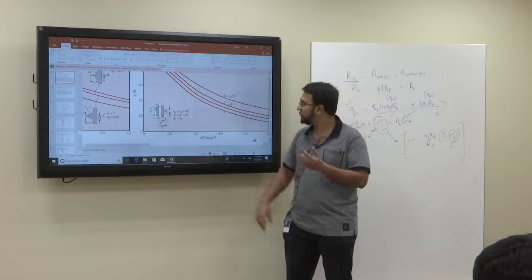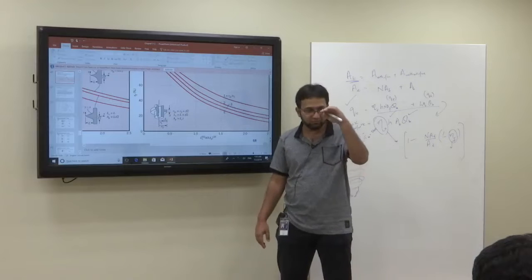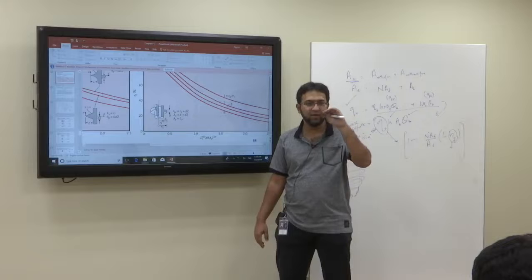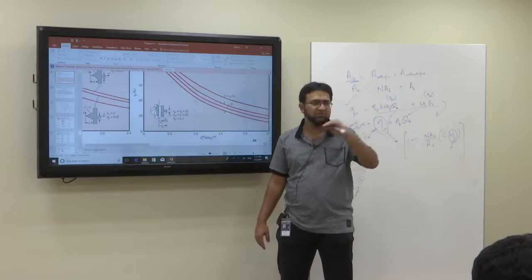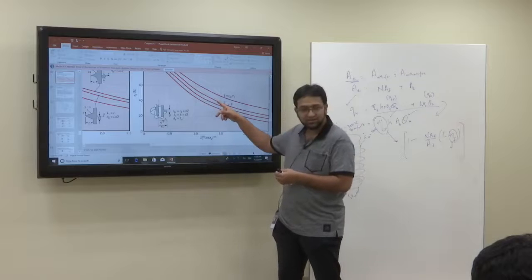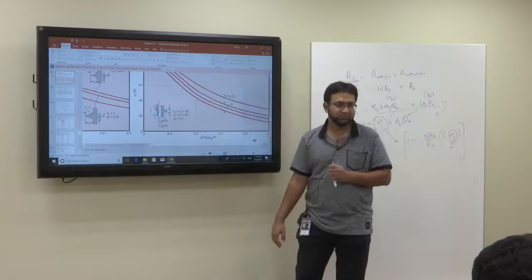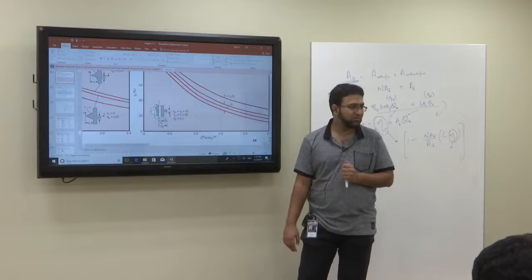If it is 3.5, make a curve yourself, from below 3 and above 5, whichever you think should be closer to 3.5. Intersect your line with that curve, go horizontal and find the efficiency. Is it clear? This is what you have to do.